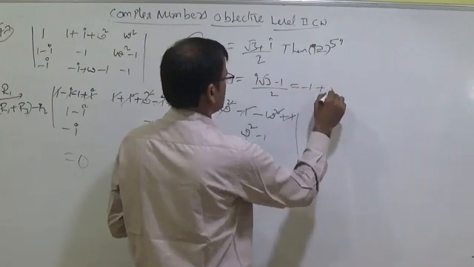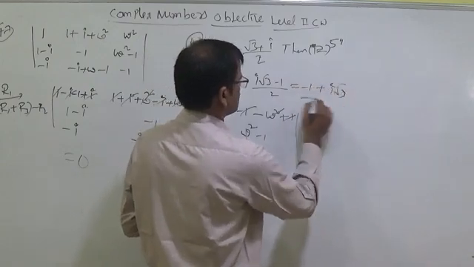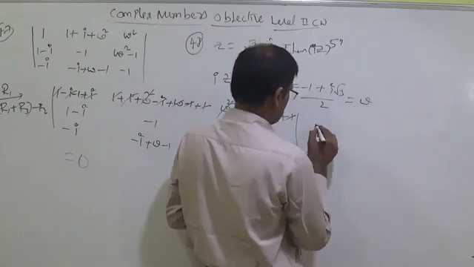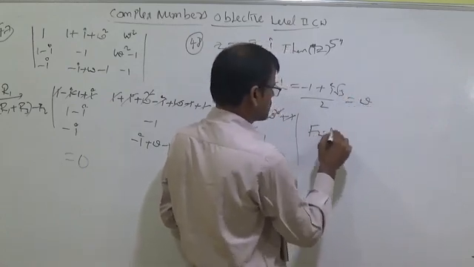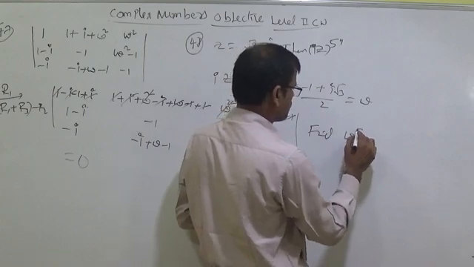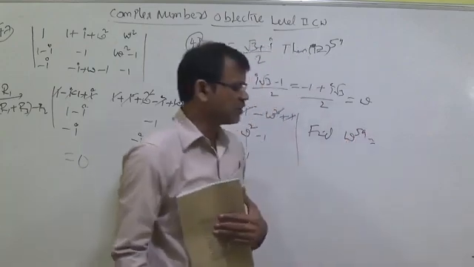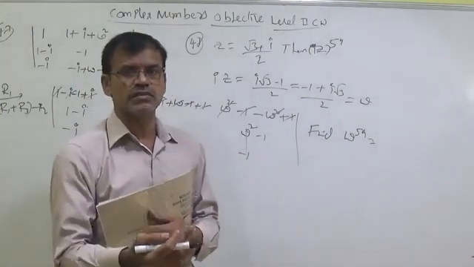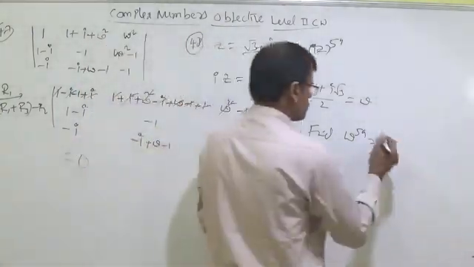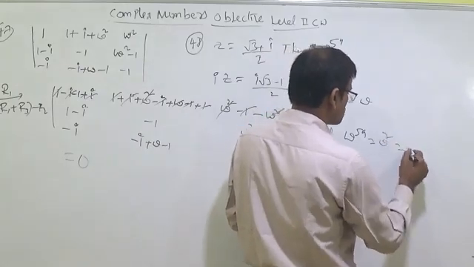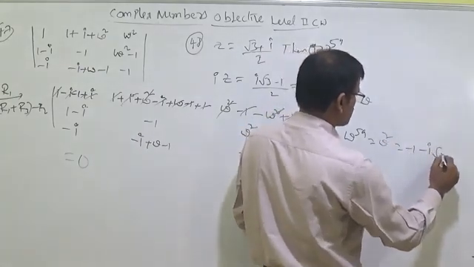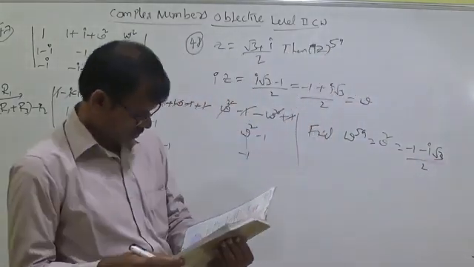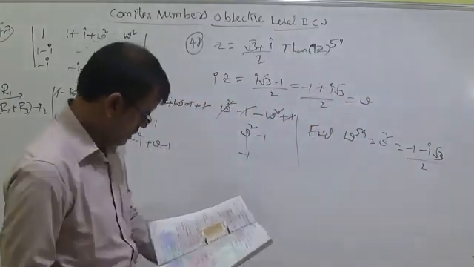We know that minus 1 plus i root 3 by 2 is the value of omega. Now he is asking the power 59, so omega power 59. Omega power 59 can be understood as omega power 57 dot omega square, so it is nothing but omega square. Omega square value is minus 1 minus i root 3 by 2, which is the first option.